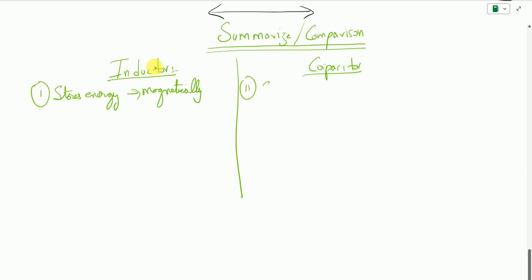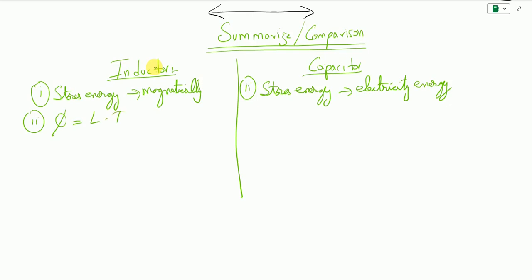Capacitor, on the other hand, stores energy electrically through the formation of the displacement current because of voltage and electric fields. Second point is that the linear inductor is basically formed by the relationship of magnetic flux, inductance into current. So this is the mathematical expression which we saw.